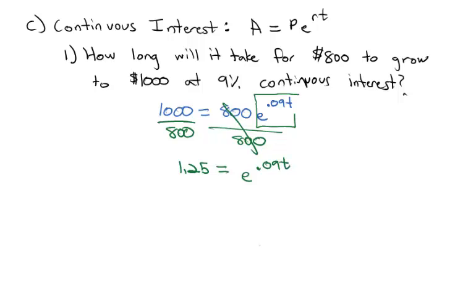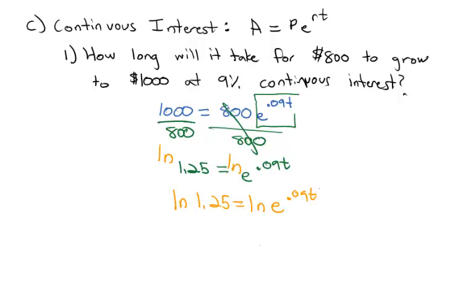And then again, to get that t out of the exponent, we take the natural log of both sides. That gives us the natural log of 1.25 is equal to the natural log of e to the 0.09t.